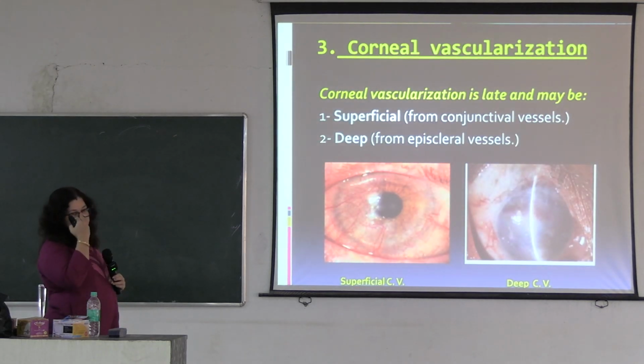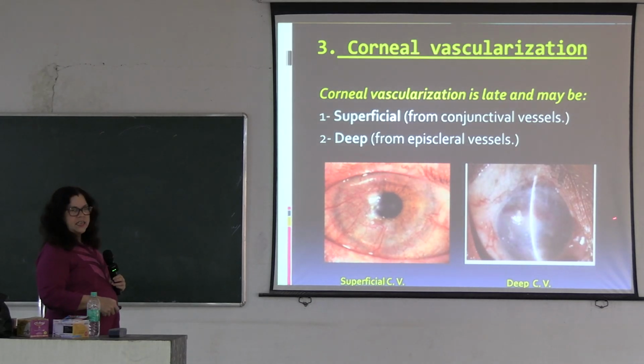Then corneal vascularization. We already discussed it. This one is the superficial and this is the deep. Here vessels are prominent. It is present between the basement membrane and stroma, and in the deeper layer of the stroma it is faint.